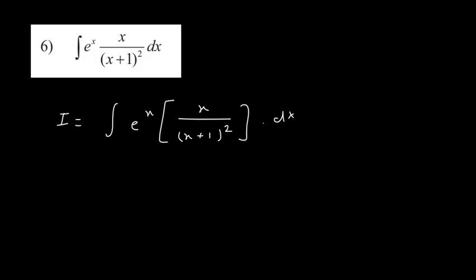Now the sixth problem. The sixth problem is e power x into x divided by x plus 1 the whole square. Now e power x is there. Inside we should have fx plus f dash x, then I can apply that formula.